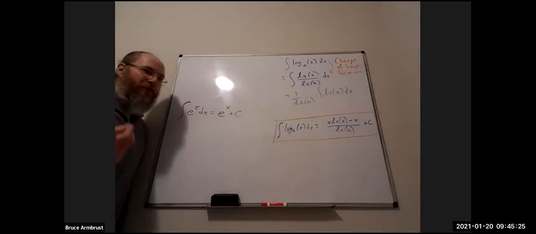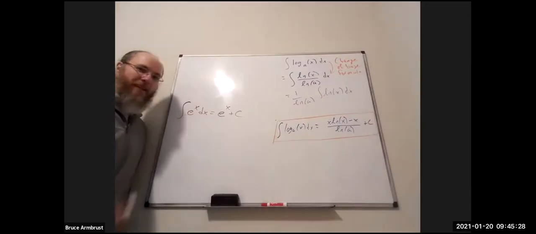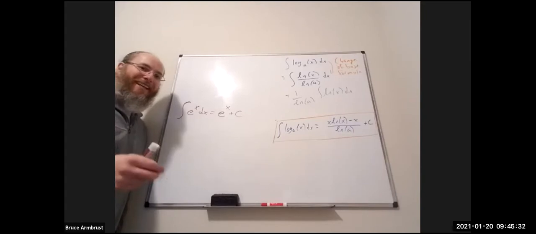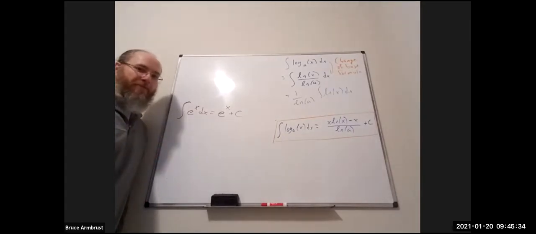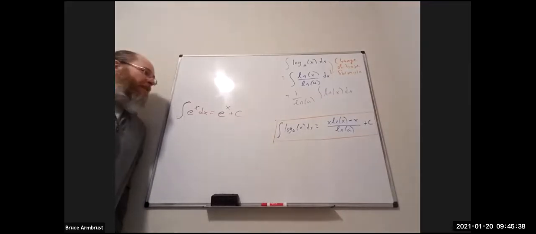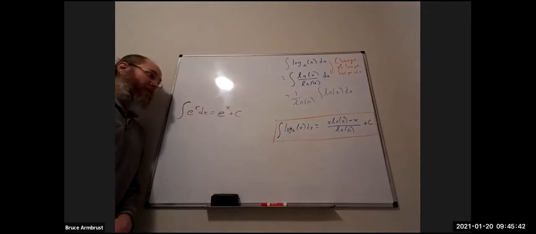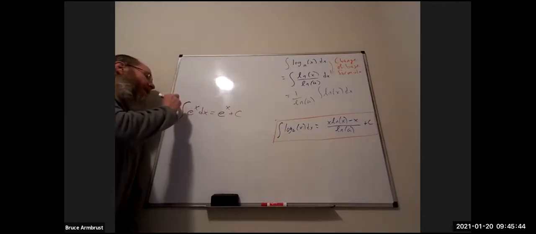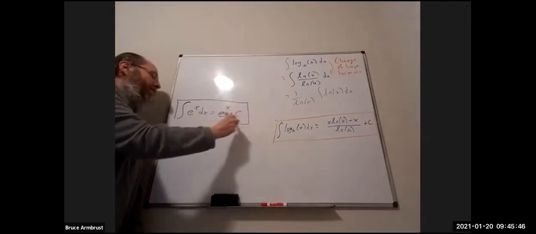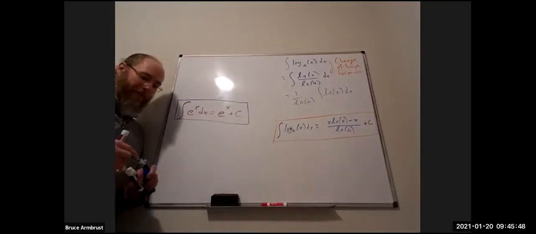E to the x, we love it because its derivative is itself. Well, if it's its own derivative, it's its own integral. Beautiful. So when it comes to exponentials, we like exponentials. The integral of e to the x is just plain old e to the x.